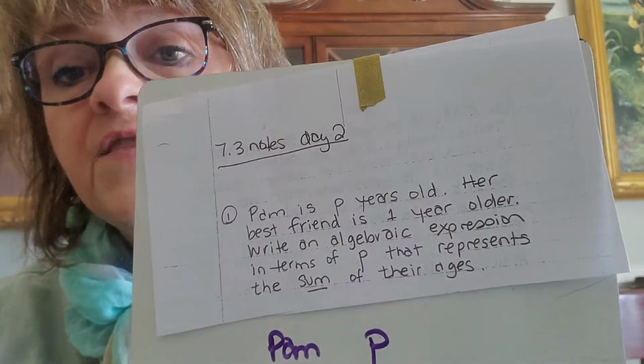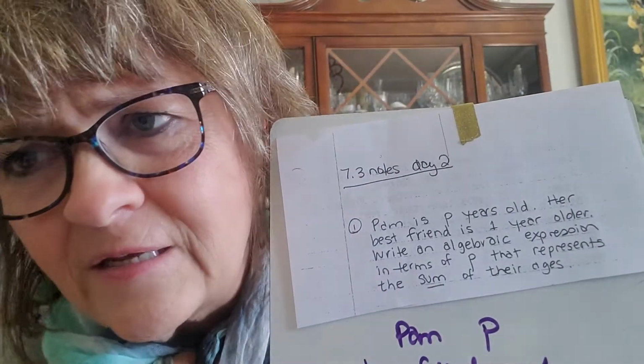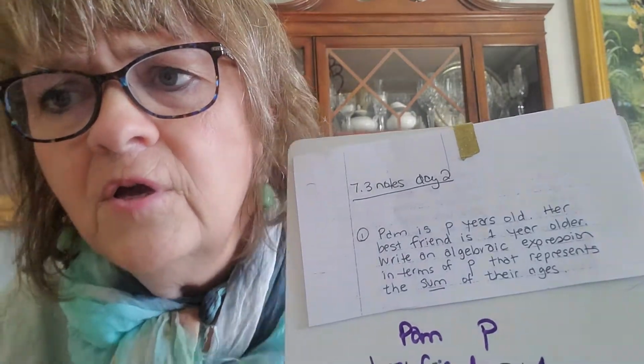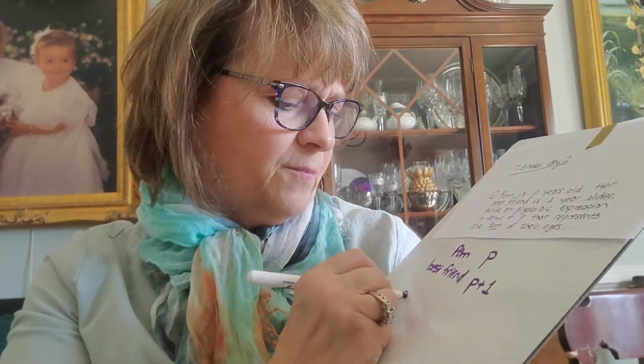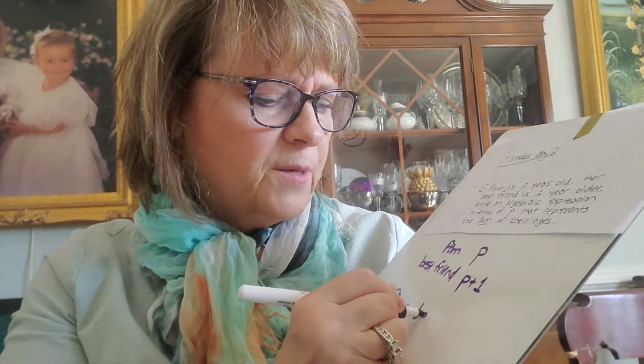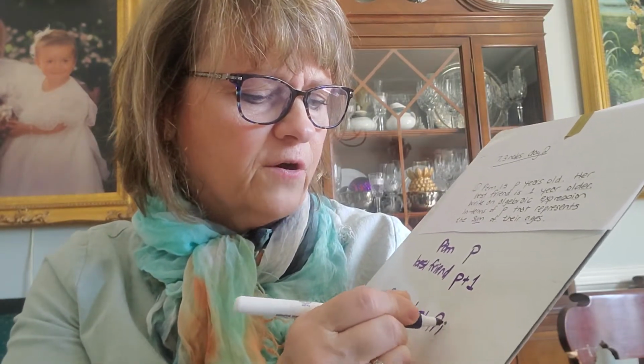And now we're going to do the next thing they ask us to do. Well, we already did the first thing. It says write an algebraic expression in terms of P that represents the sum of their ages. The sum of their ages. And we already talked about sum. That means to add them up. So we're supposed to add Pam plus the best friend's ages together.